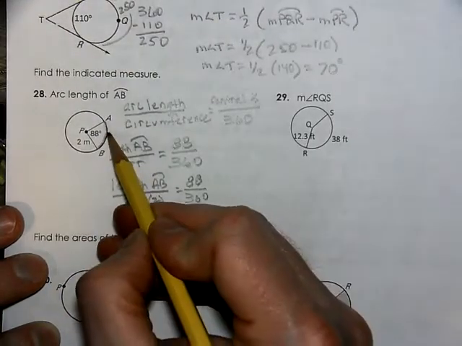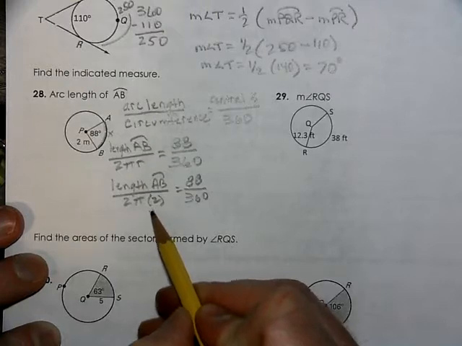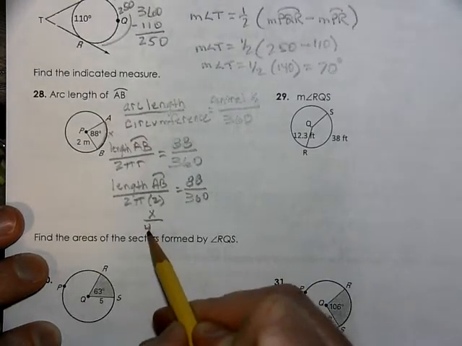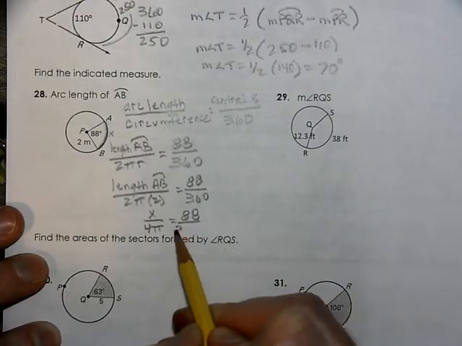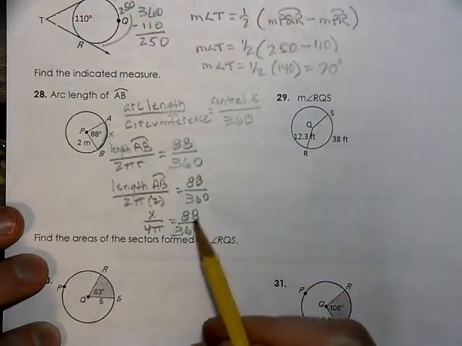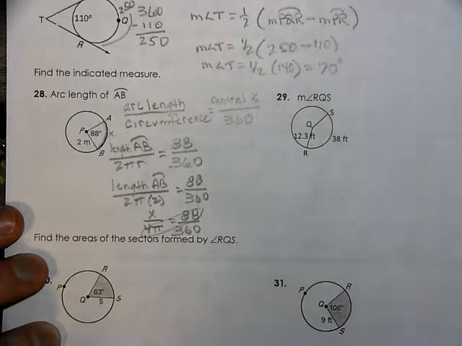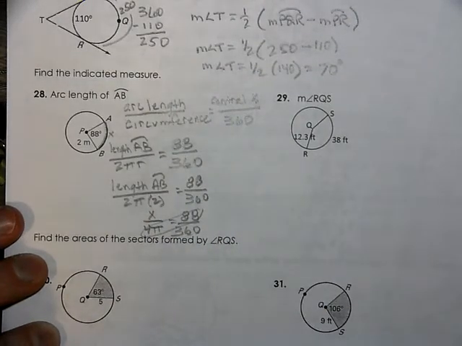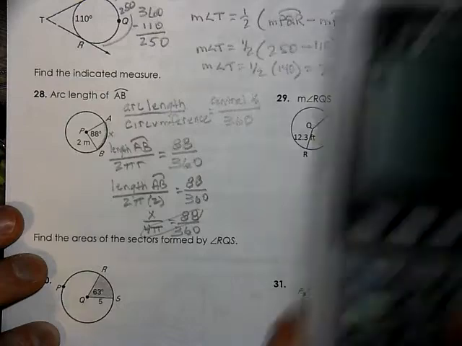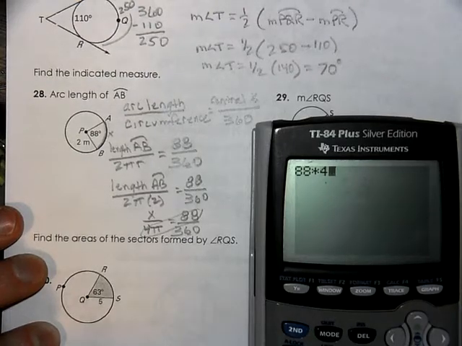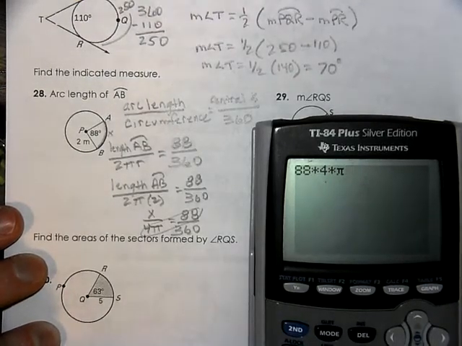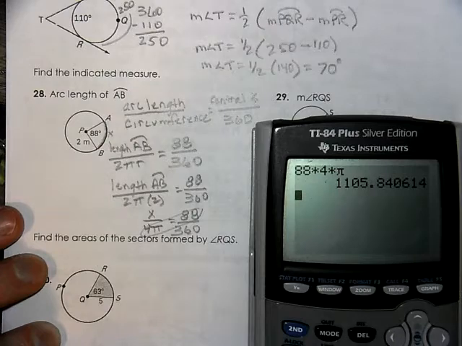So our unknown value we could call x if we wanted to, and we'll have x over 4 pi equals 88 over 360, and we would cross multiply that way. So we'll say 88 times 4 times pi, and then we're going to divide that by 360.